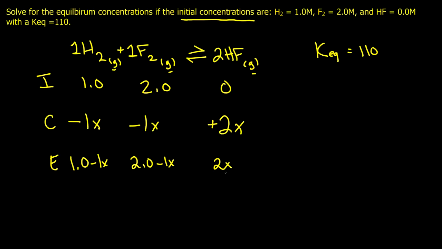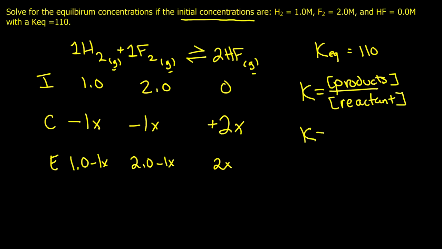Alright. Hopefully that ice table didn't mess you up too bad, but if it did, make sure you watch the practice problems video where we practice a couple of these ice tables. Now that we've got the equations at equilibrium, we can set up our formula for this specific reaction. So K equals the concentration of products over the concentration of reactants.